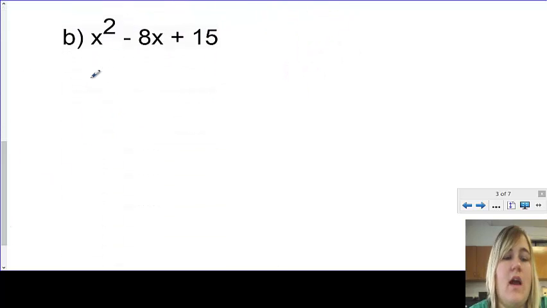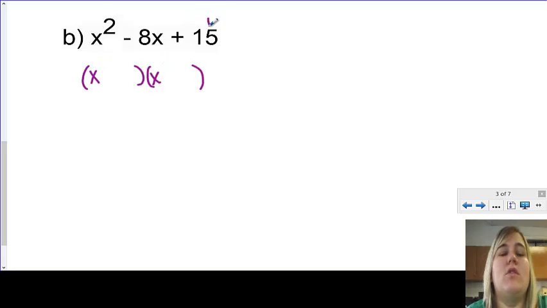Same thing here. I'm going to create a product of binomials whenever I factor a trinomial. I know that my x squared can be split to the first of both of those because x times x is x squared. So then I need something that multiplies to get me 15, but is going to add to get me a negative 8. Things that multiply to get me 15 are 1 times 15 and 3 times 5.